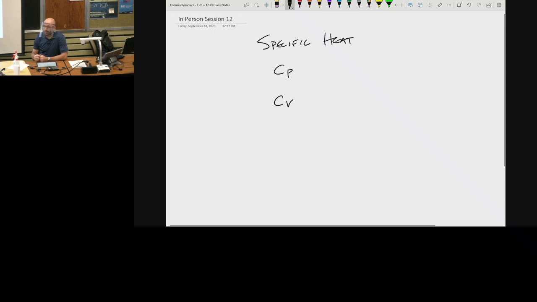Now this is going to be a different amount, because when you're keeping something at a constant pressure, you're going to have expansion. As you add heat, the tendency of that system is to increase in pressure, but if you relieve that pressure by increasing the volume, that's great. So in C sub P, when I keep the system at a constant pressure and I'm adding energy, some of that energy is going to go into the potential energy change, the movement of that piston up, and the rest of it's going to go into the change of the temperature.